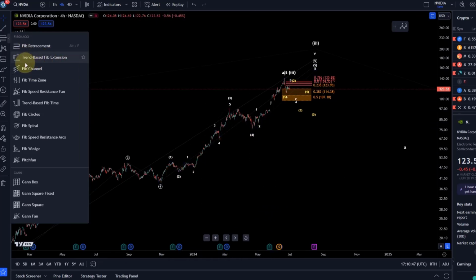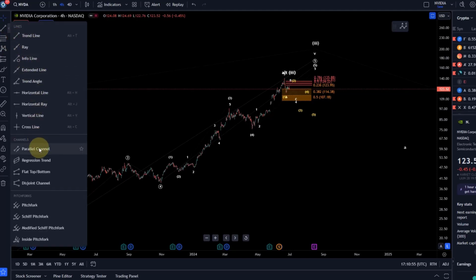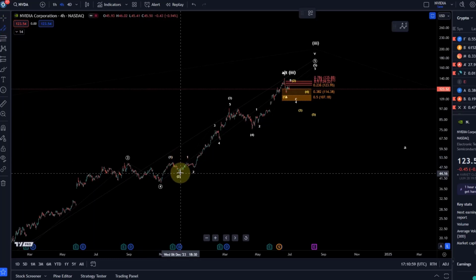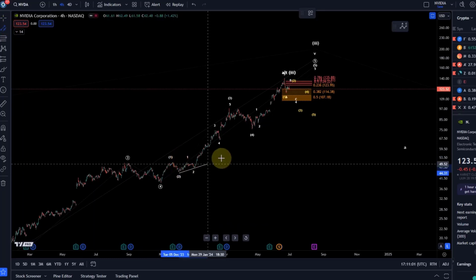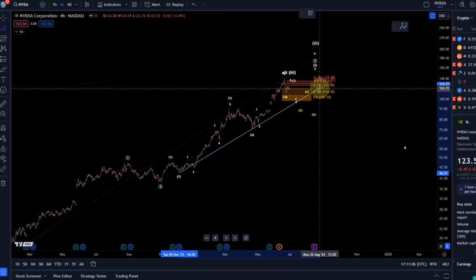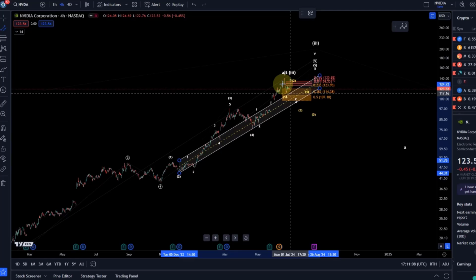Now you can either draw just parallel lines or you select the parallel channel from the TradingView toolbox here. We start at the low of the wave 2 and we go to the low of the wave 4. We draw it to the current price and then we get a parallel channel.